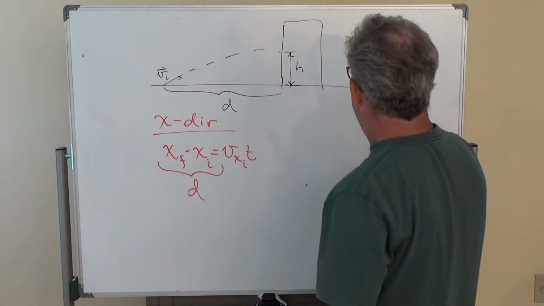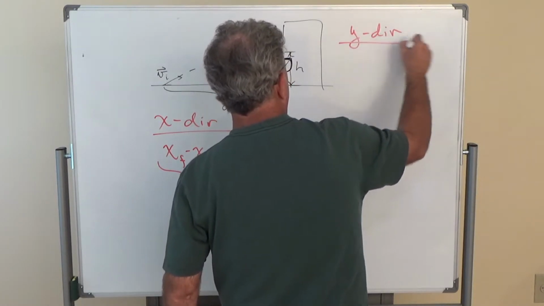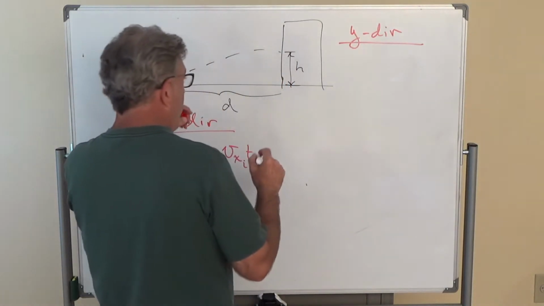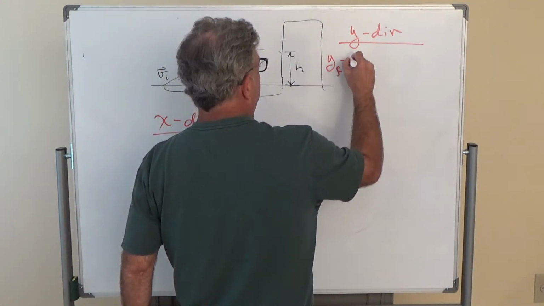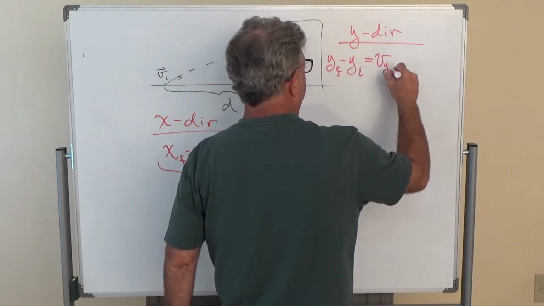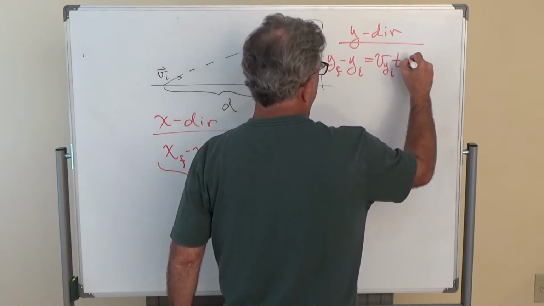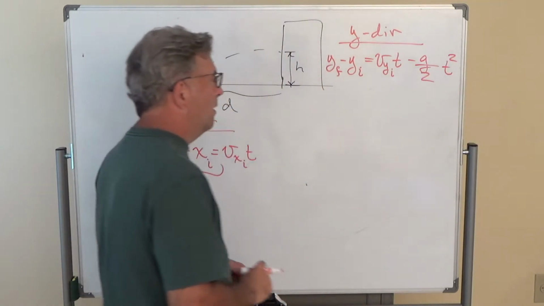In the Y direction, we know that Y final minus Y initial is equal to V y initial t minus g over 2 t squared.